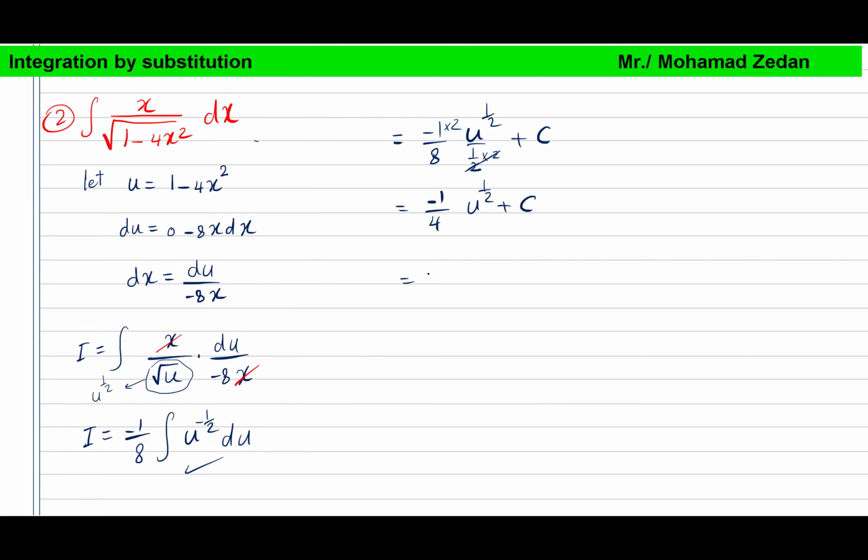The u is originally 1 minus 4x squared, all power half plus c. Or if you want to write it in this form, it's okay: negative square root of 1 minus 4x squared divided by 4 plus c. This form is also accepted.